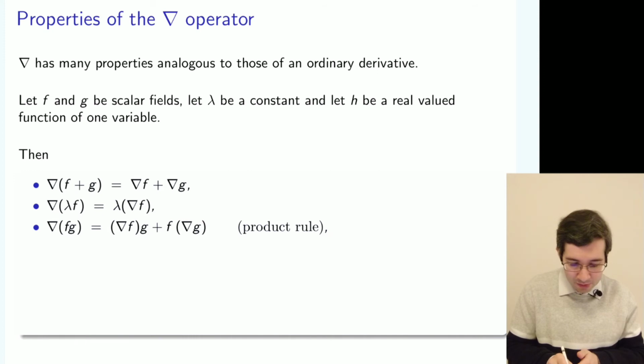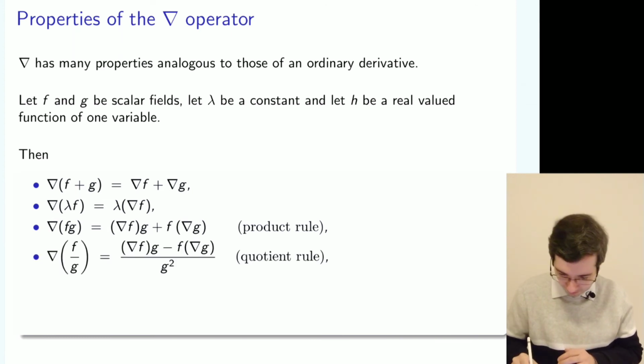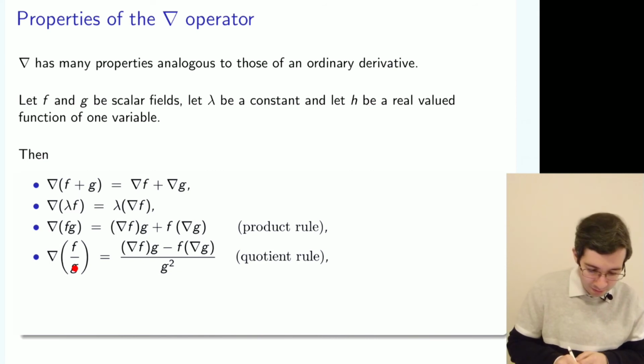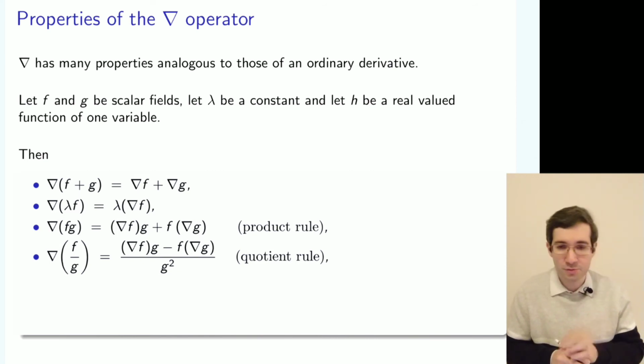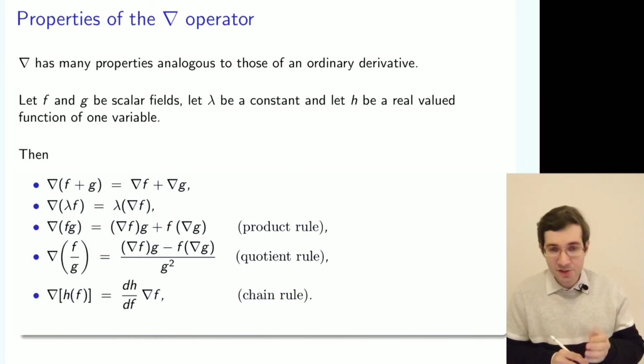And then you need to do the complementary operation where you take the gradient of a second scalar field to multiply by the first. So it's again very similar to what you would do with the normal derivatives. Or you can do a quotient rule, again very much analogous. You take a ratio of the 2 scalar fields and then you apply the same rule you would do for the derivatives. Or you can take a chain rule.